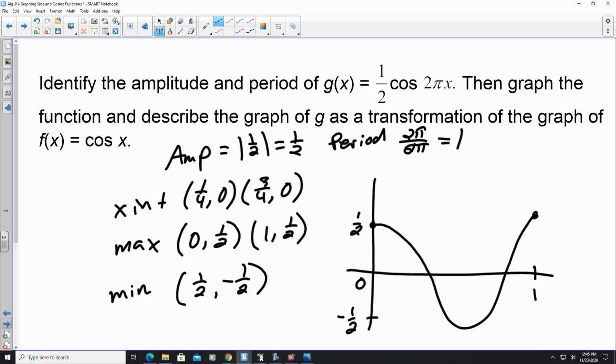This is 1/2, so it's the middle point there. And we have our two x-intercepts and all that good stuff. Again, like I said, it can go on longer, both negative and positive, but in this particular instance, you're going to add or subtract 1, the period, to get those values. Okay.